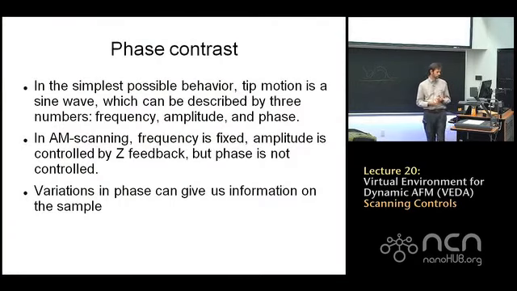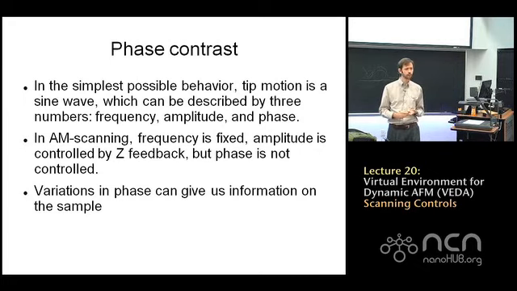Now, we've talked about the phase being different. We'll talk about phase contrast. So the simplest possible dynamic AFM is the tip motion as a sine wave. And there's three numbers you need to describe a sine wave. You need to talk about the frequency, talk about the amplitude, and talk about the phase. In amplitude modulated scanning, the frequency never changes.